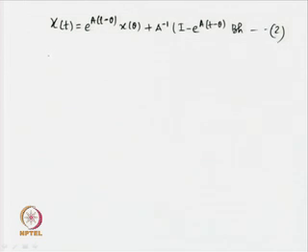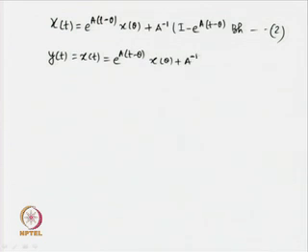Then the corresponding output expression y t, which is nothing but equal to x t, becomes e to the power a t minus theta x theta plus a inverse I minus e to the power a t minus theta b h.